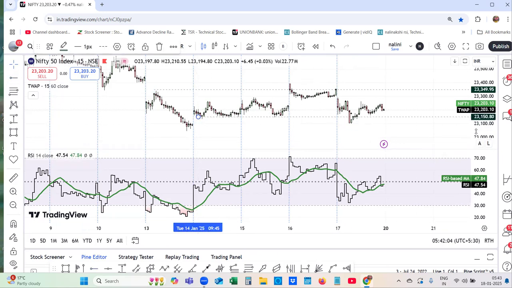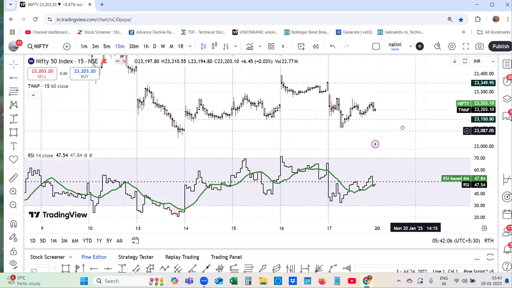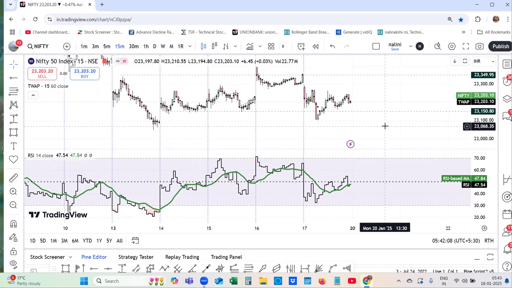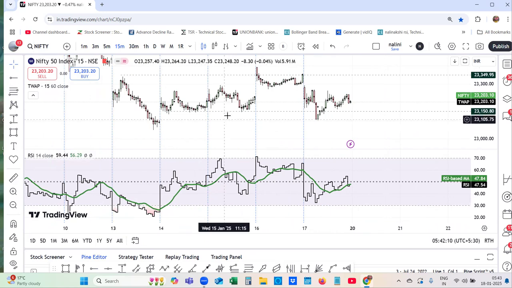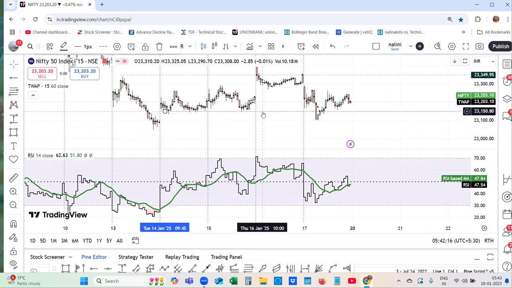I had already discussed in my Nifty levels video, every day I post it. In that video, I had mentioned there is a double bottom formation, equal lows, and a stage was set to sweep this liquidity.